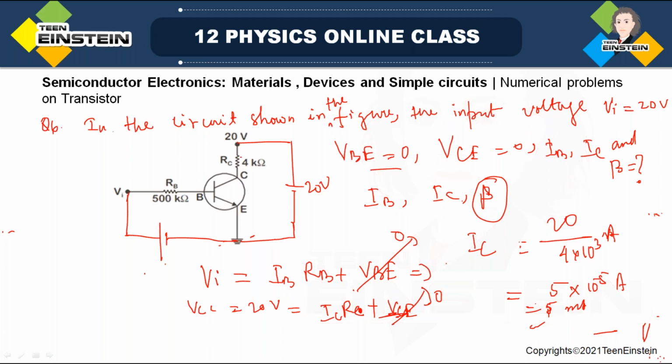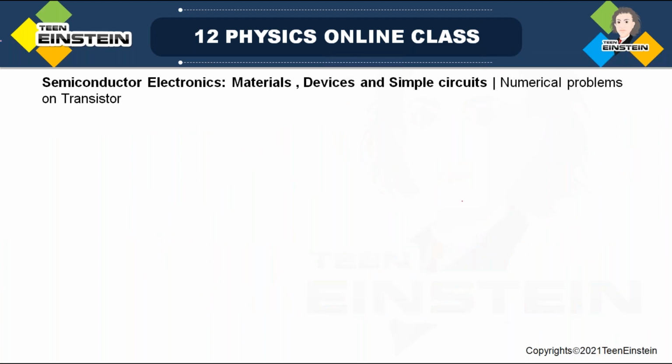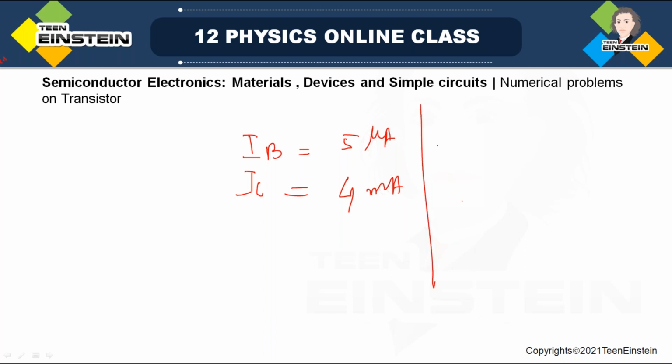Okay, so let me tell you what we have got so far. We have got IB to be 5 microampere. We have calculated IC as 4 milliampere. Then you have to find out what is beta.